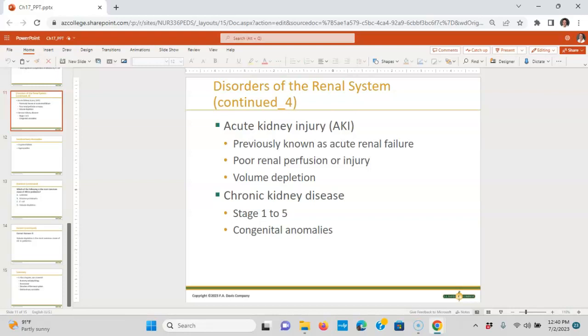So IV infusion of isotonic fluids, and then fluid removal through hemodialysis. Seizure control, blood pressure control, hyperkalemia prevention. So again, low protein, low potassium, low phosphate diet, appropriate fluid restrictions.